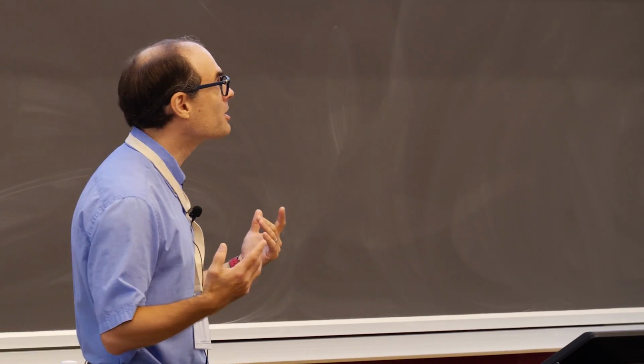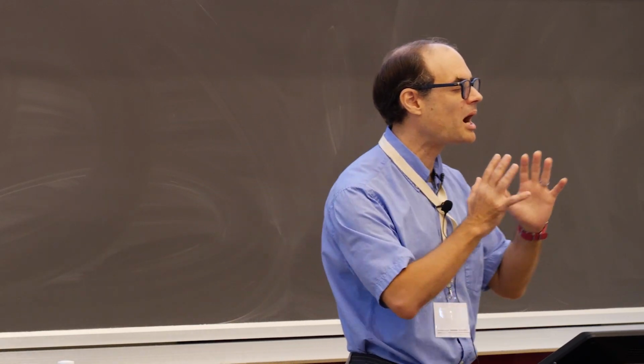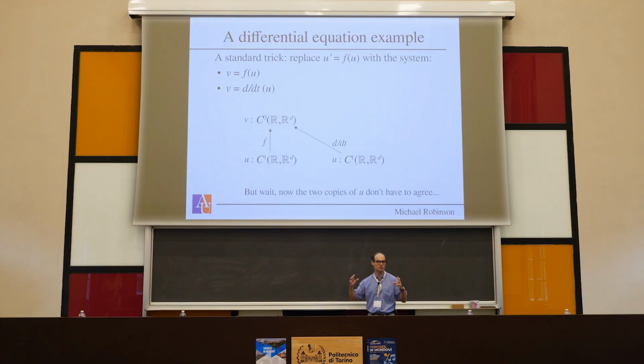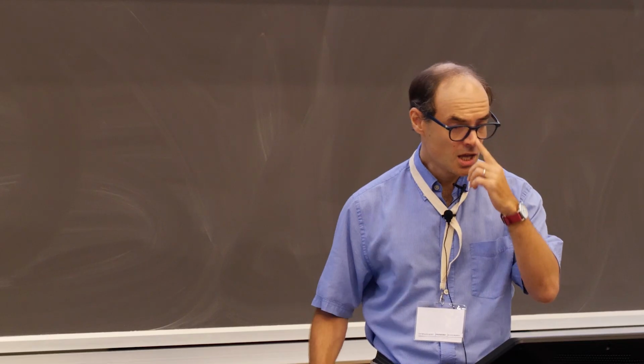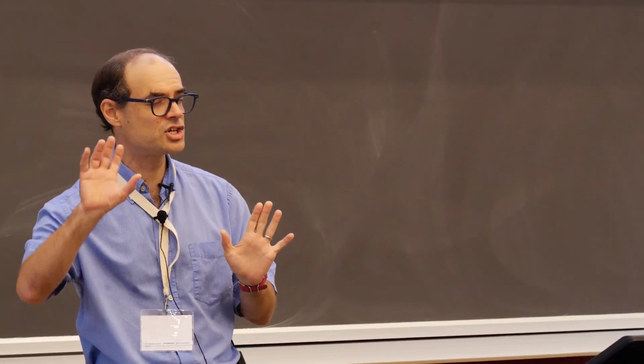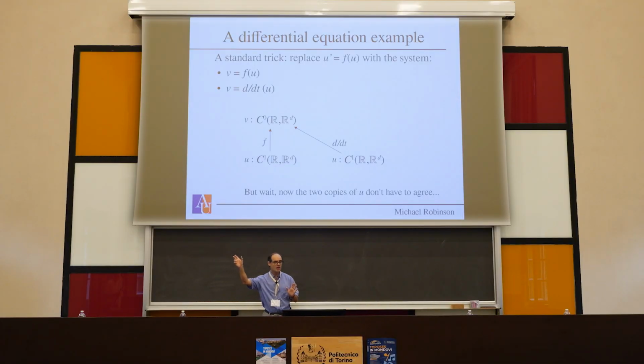Well, in a sense, it's coming from the fact that I'm trying to pop apart this category, make it a little larger, add some more objects and morphisms, so that the resulting category is a poset category, and the structure then is a sheaf on that poset category. So a standard trick is to say, well, I'm going to add an auxiliary variable, as I said. Rather than just having u, the solution, I'm also going to carry around v, its derivative. So this can be expressed by a diagram like I've drawn.